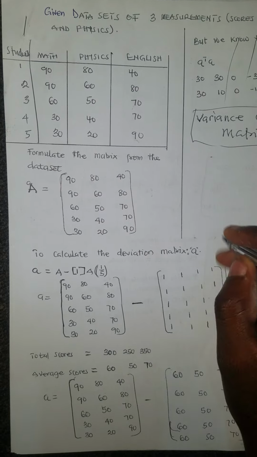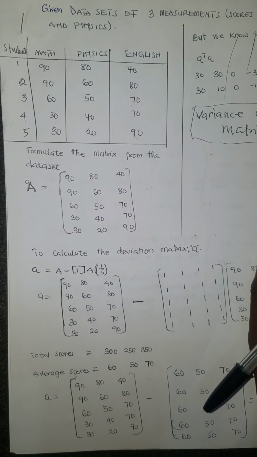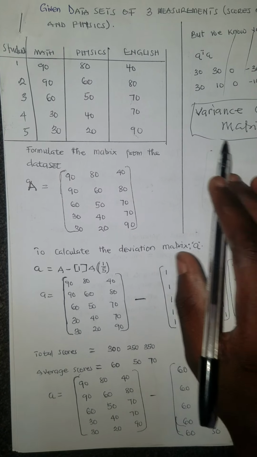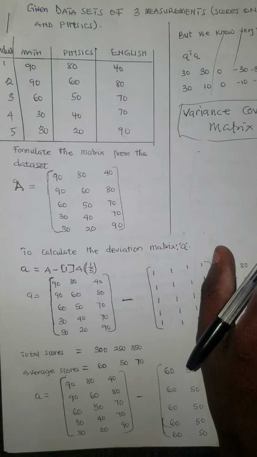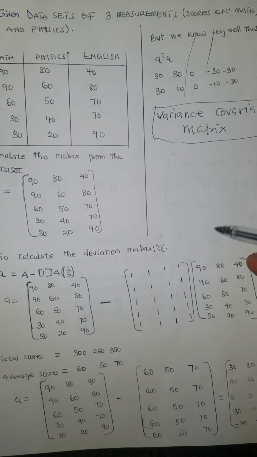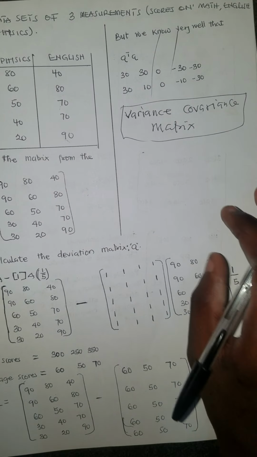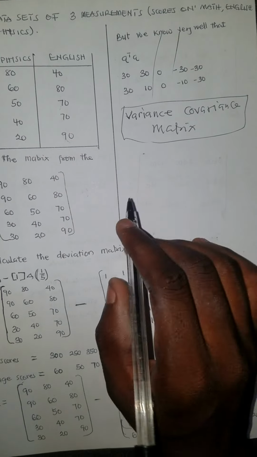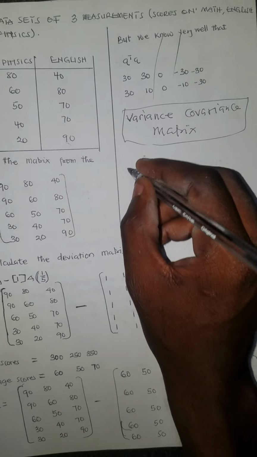We'll come to the software, but for now, let's concentrate here. I hope you understand me so far. The reason why we are looking for the variance covariance matrix, I will explain at the end of this lesson.